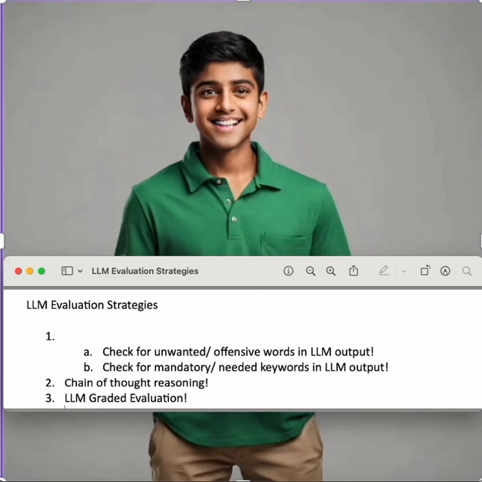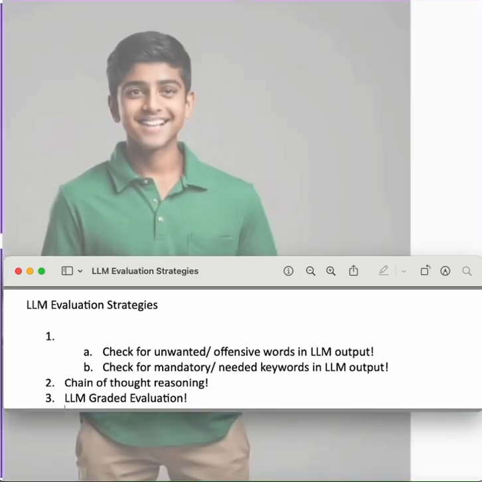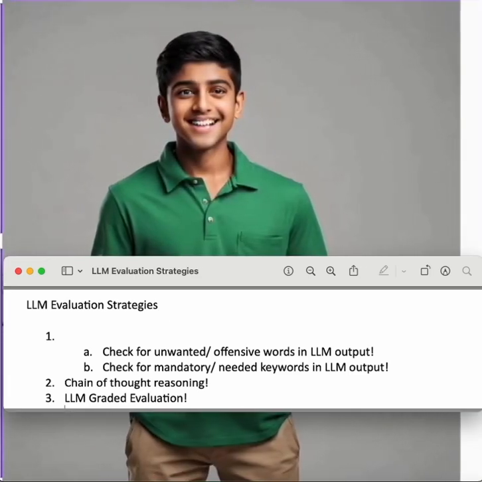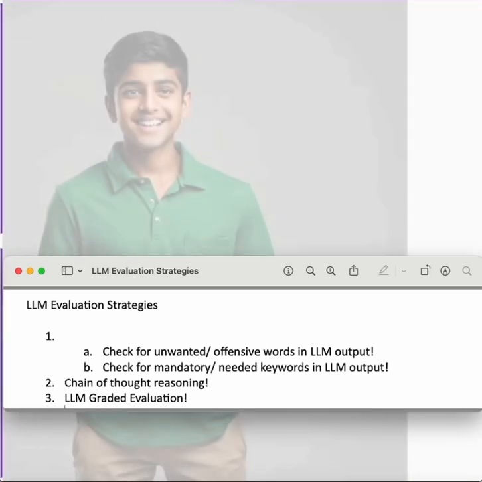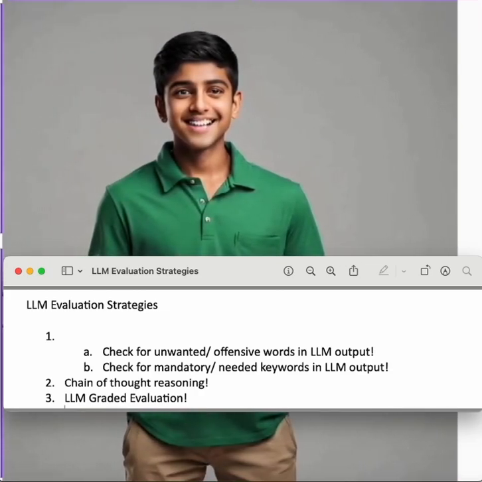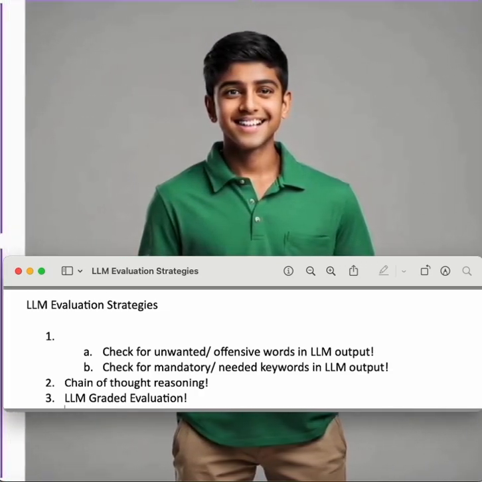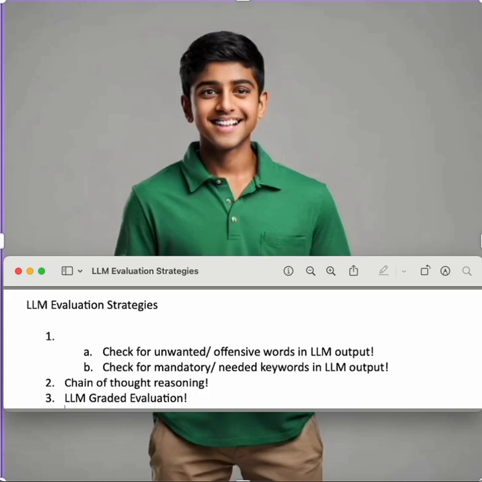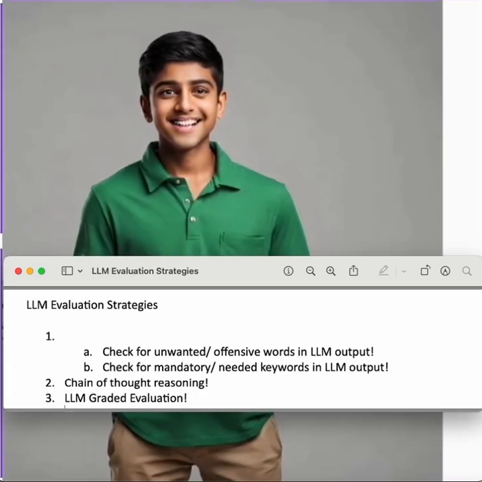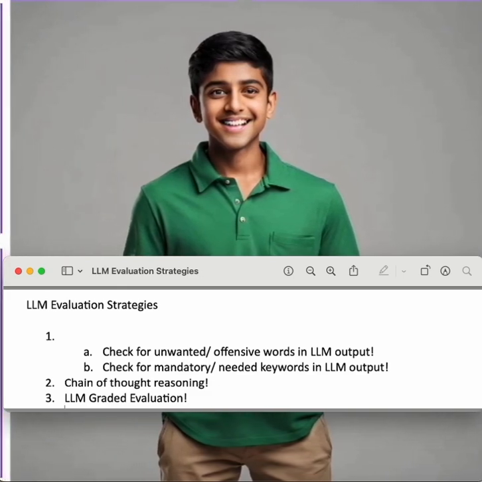Finally, we looked at strategy 3, which is LLM graded evaluation. We started with a task LLM, which generates output for a specific use case. We had another LLM called evaluation LLM to evaluate the output of our task LLM. We prompted this evaluation LLM to grade the output of the task LLM. This involved a few key steps. First, we prepared a question and answer pair based on our knowledge about our systems.